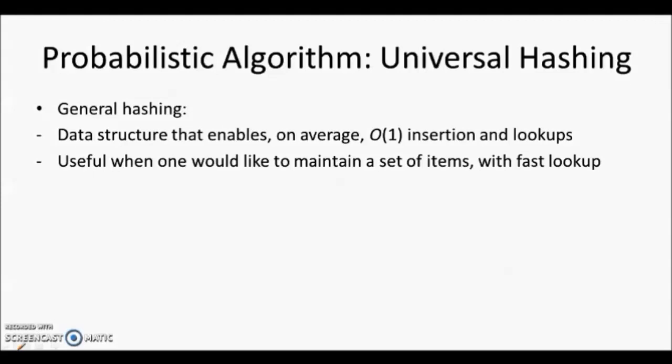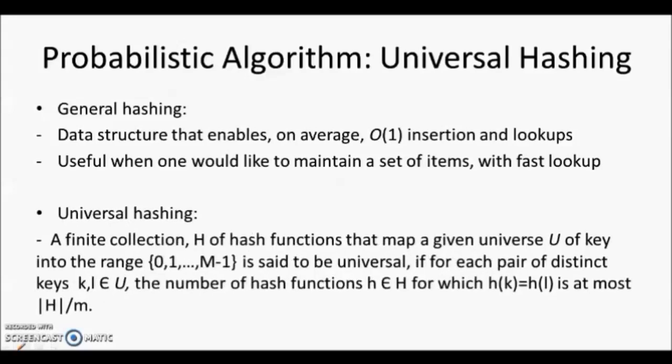In general, hashing is used when one would like to maintain a set of items with fast lookup, and on average its complexity is order of 1 for insertions and lookups. Now using a probabilistic algorithm.